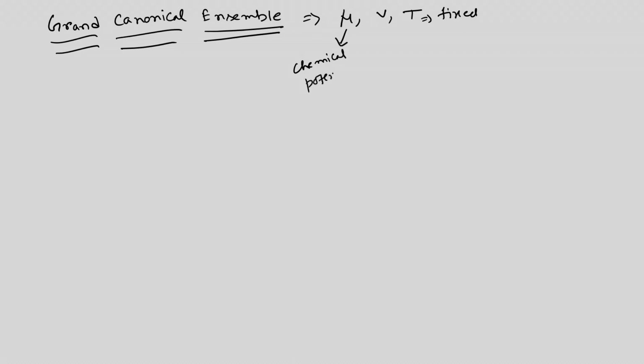So, as I mentioned, in the grand canonical ensemble, mu, V, T are fixed. Mu is the chemical potential, V is the volume, and T is the absolute temperature. So, these three quantities are fixed.